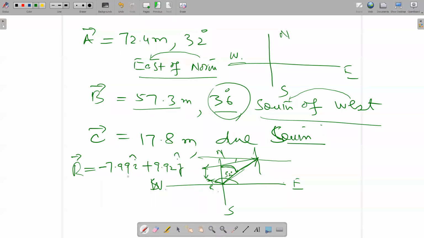You will get this value. And then you can find the theta value. So theta, you can find that it is 180 minus, because this is negative and this is positive. So this will be the angle. So try to solve this one, and this is all about this.